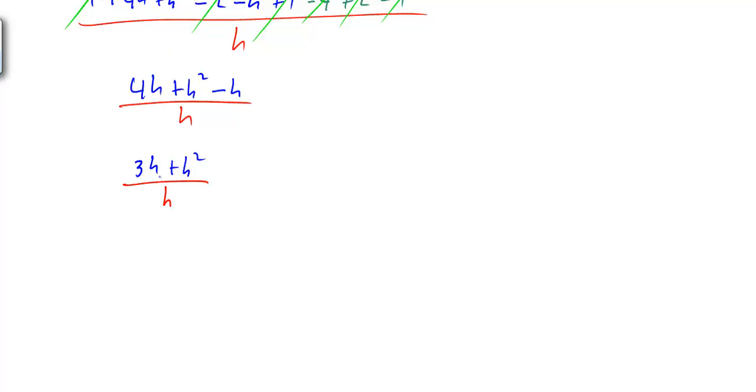And now once again, we can take an h out of the numerator and factor that out, and we would have 3 plus h. And the reason we want to do that is so that the h will cancel out the h on the bottom. So your final answer is 3 plus h.